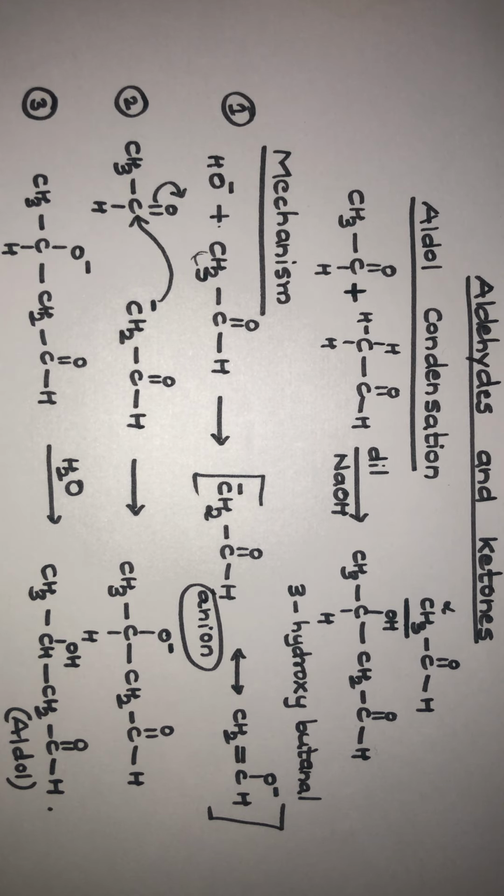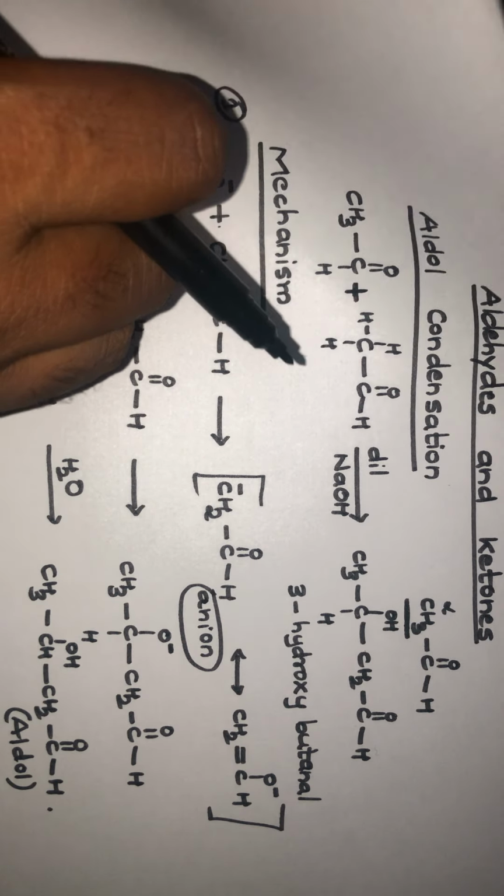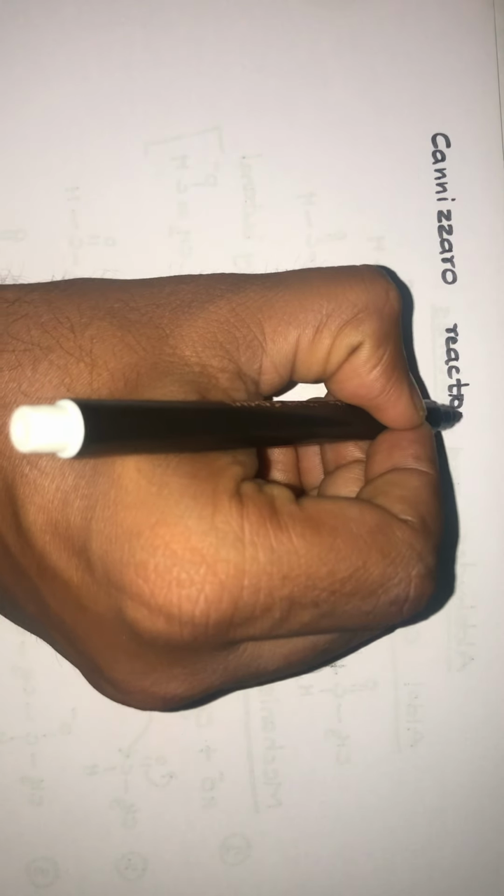Let us see what this Cannizzaro reaction is so that you will have an idea regarding this. The molecules which do not contain alpha hydrogen undergo this reaction, which you call the Cannizzaro reaction.